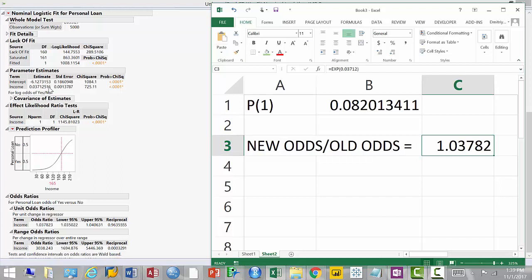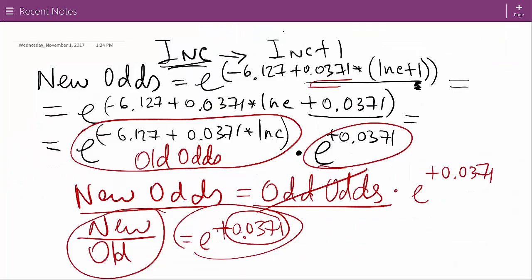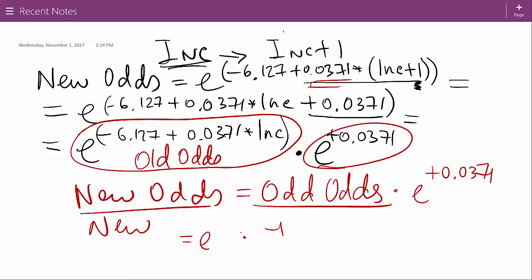Okay, so let me show you an elementary thing which seems to put a lot of students in a state of mental stupor for some reason unknown to me. Let's go back to this expression right here.